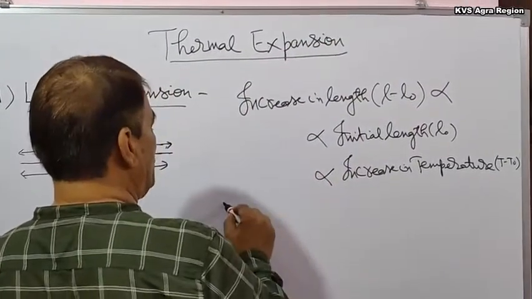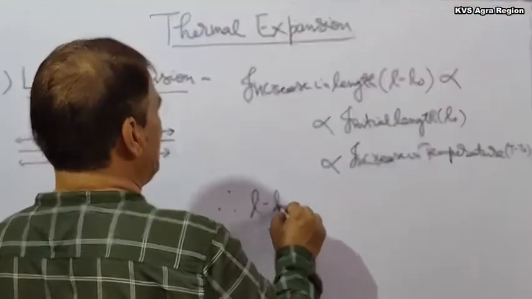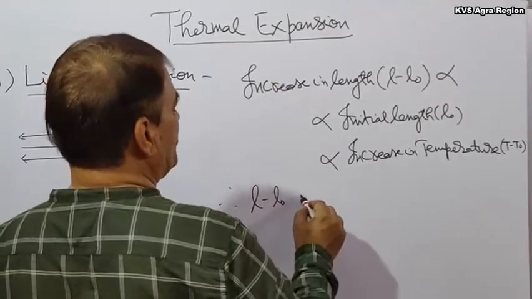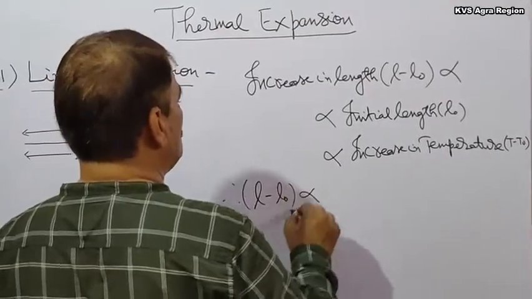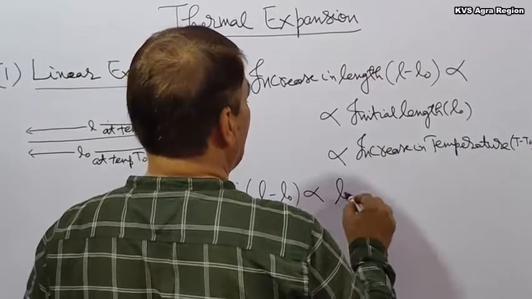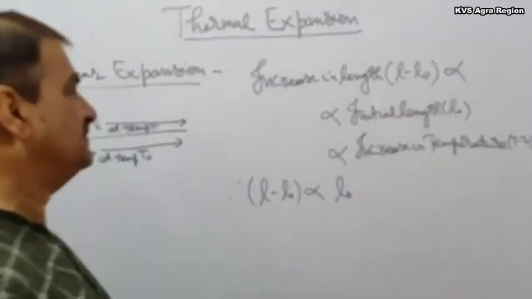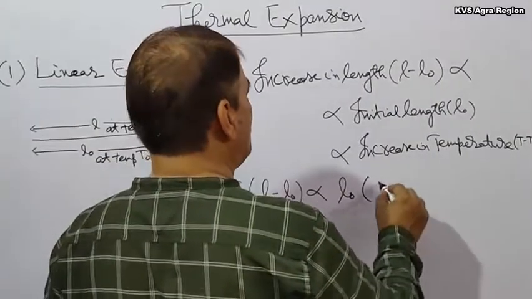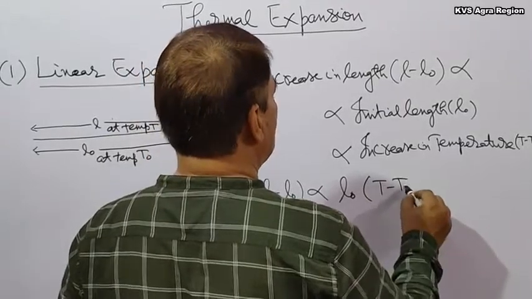So we can say L minus L naught is directly proportional to initial length L naught into change in temperature T minus T naught.